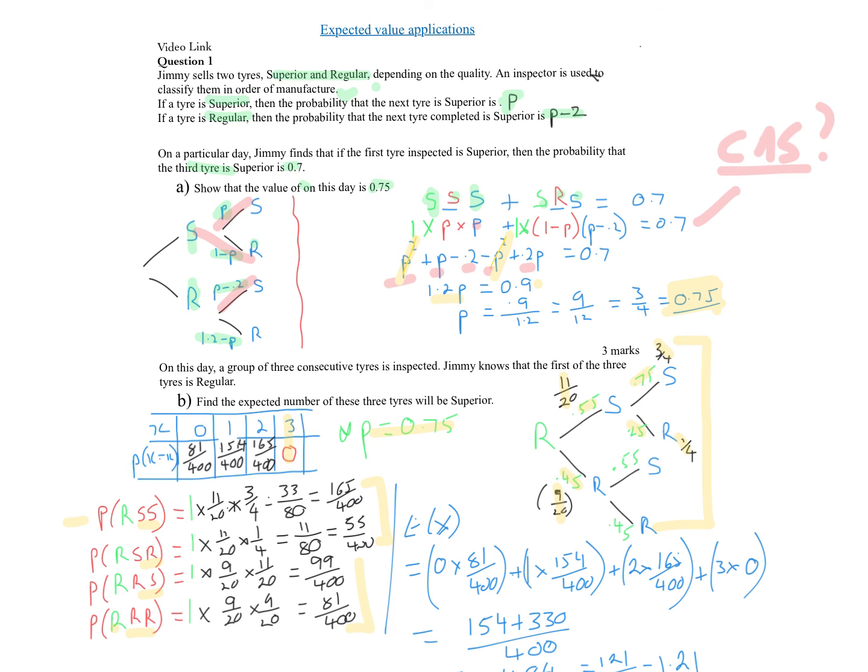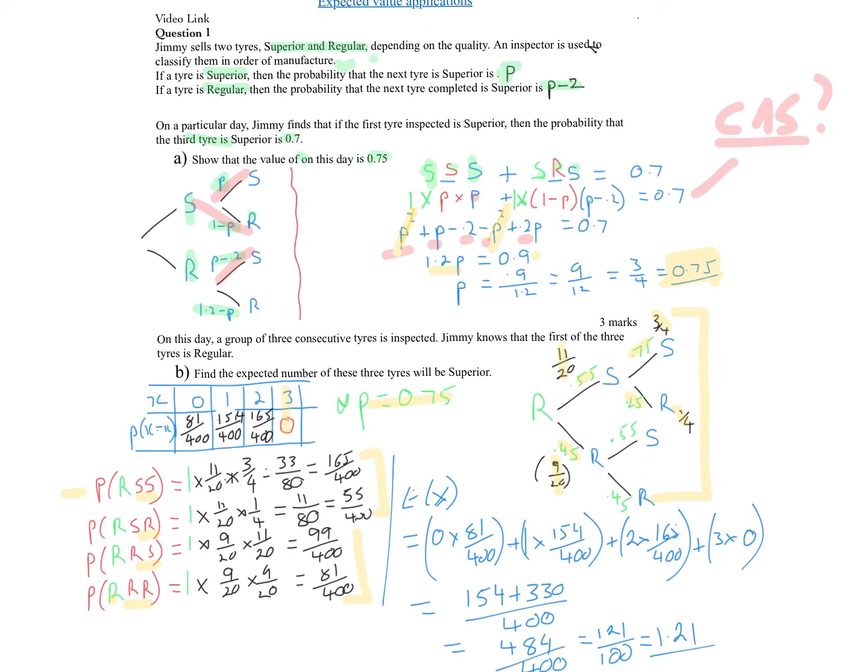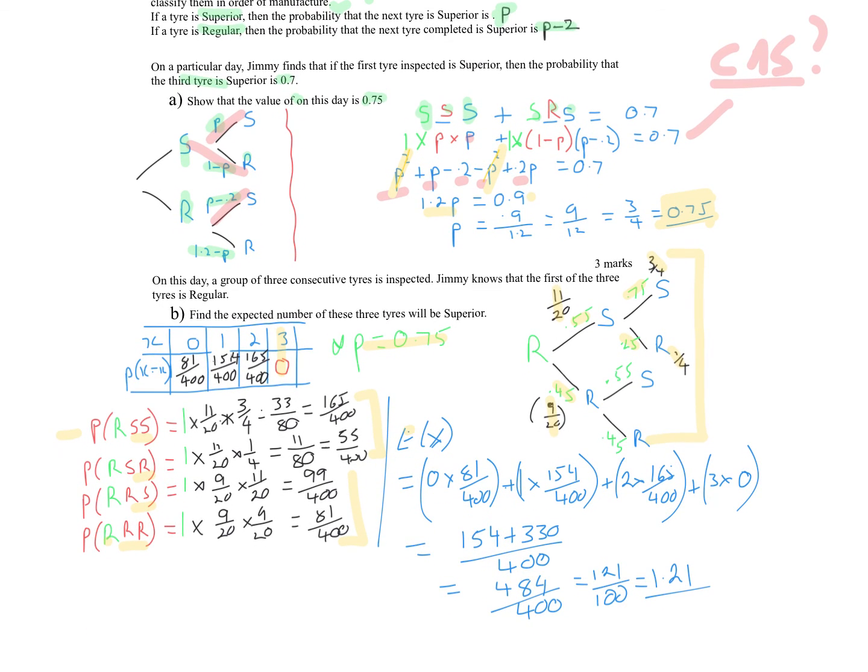So that's a lot of work just to get to the answer stage, because now I need the expected number. E of X is simply 0 times its probability, 1 times the probability of 1, 2 times the probability of 2, 3 times the probability of 3.